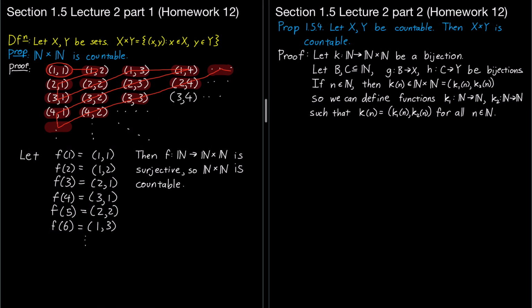K1 and K2 are going to be surjective. They aren't going to be one-to-one, but they are at least functions. And since K is onto, K1 and K2 also have to be onto.